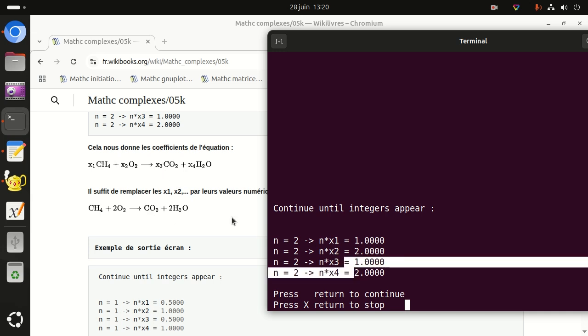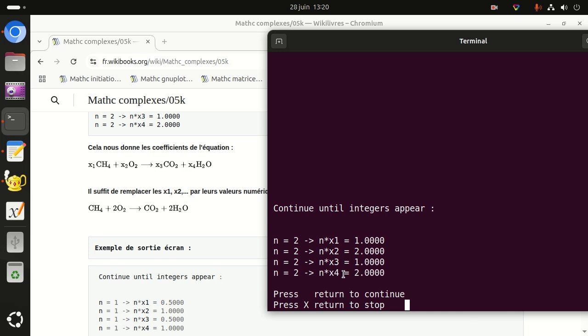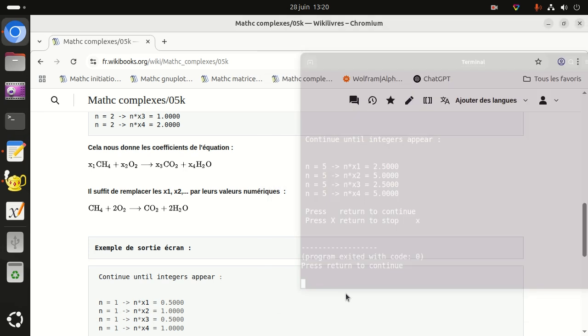And x4 equal 2. Now I have balanced this chemical equation with a linear system of equations. Now I press X and I stop this example.